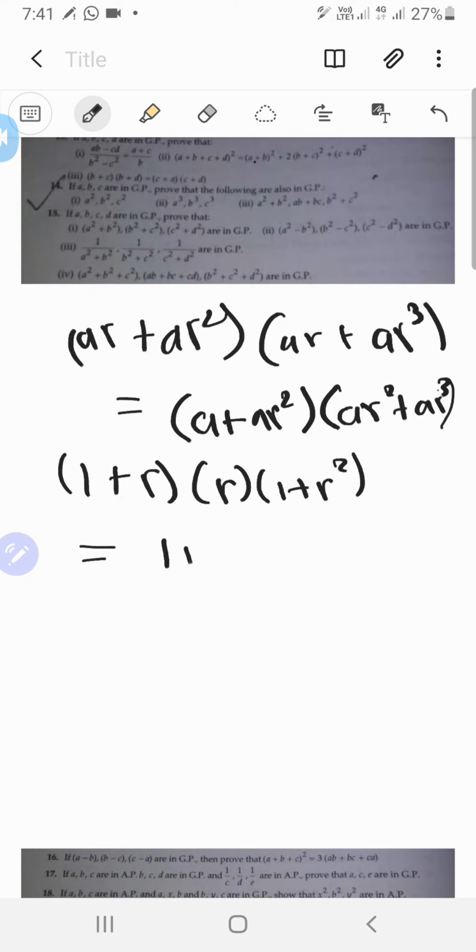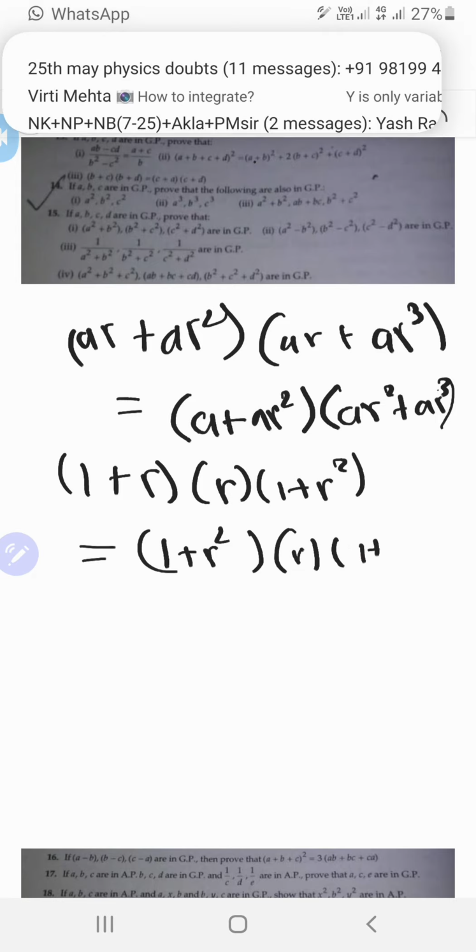Okay, let's see what we get. So a squared can be removed from both of them, right? And then an r can be removed from both of them, so you get 1 plus r into 1 plus r squared over here, and then you get 1 plus r squared over here, and r into 1 plus r. Yeah, I think that's correct.